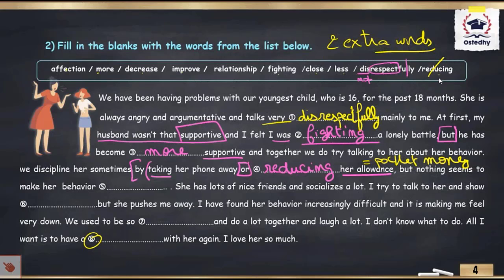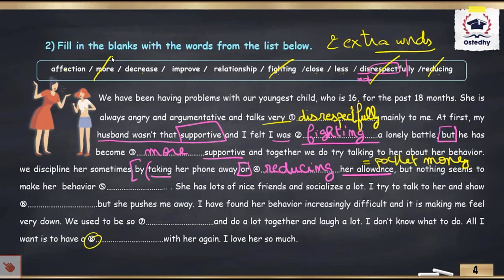So remember, look at the box. We used reducing. We used disrespectfully. We used fighting. We used more. So we are still having affection, decrease, improve, relationship, close, and less. So all of that didn't make her behavior how? Decrease? Do we say that? It's awkward.